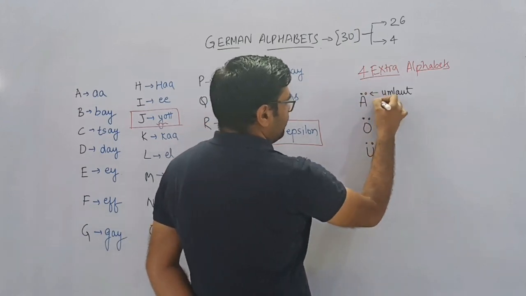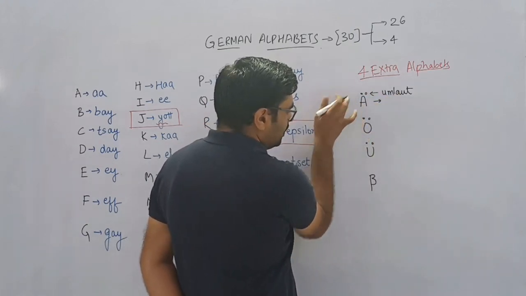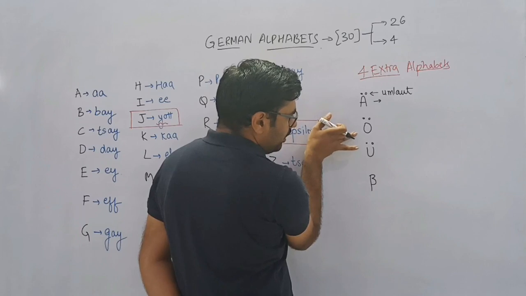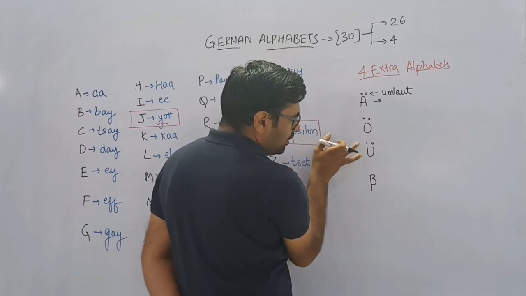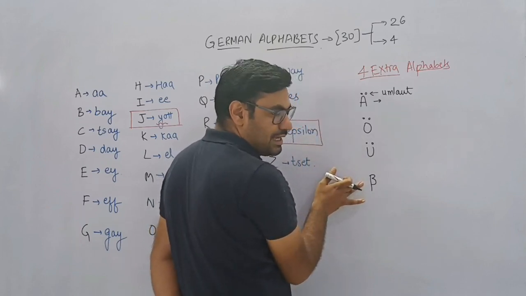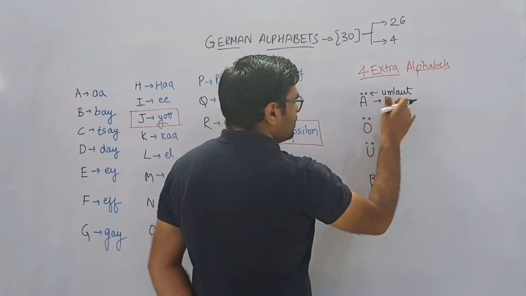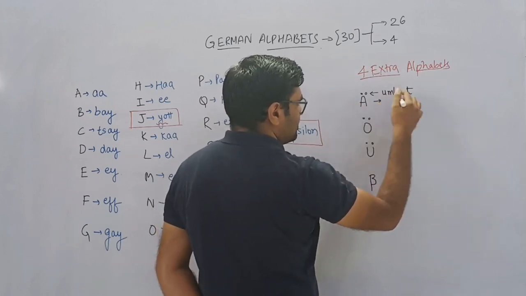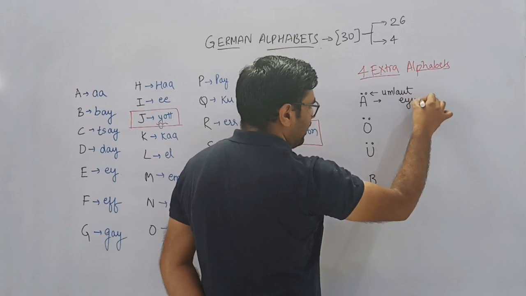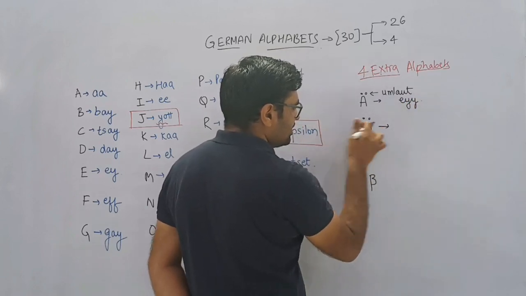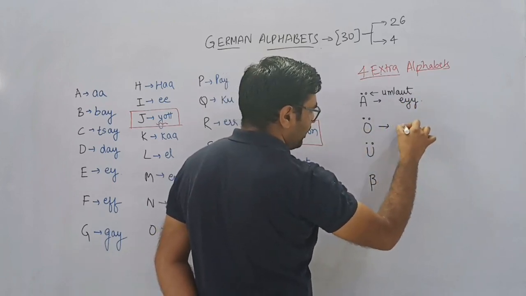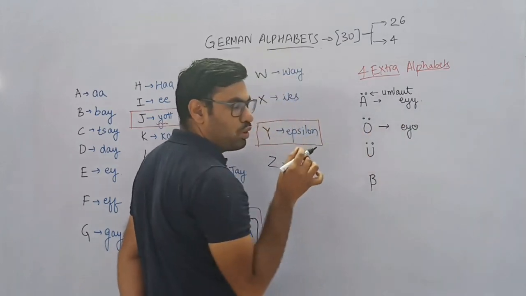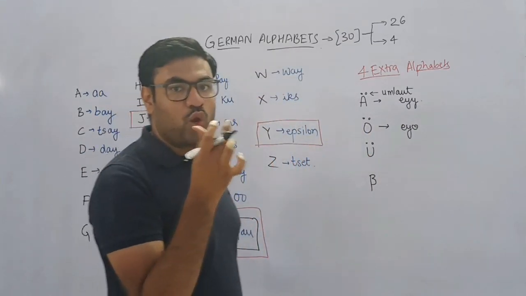In German, we'll say A mit umlaut, O mit umlaut, U mit umlaut, and Eszett. The pronunciation of A with umlaut is somewhat like the A in bear.